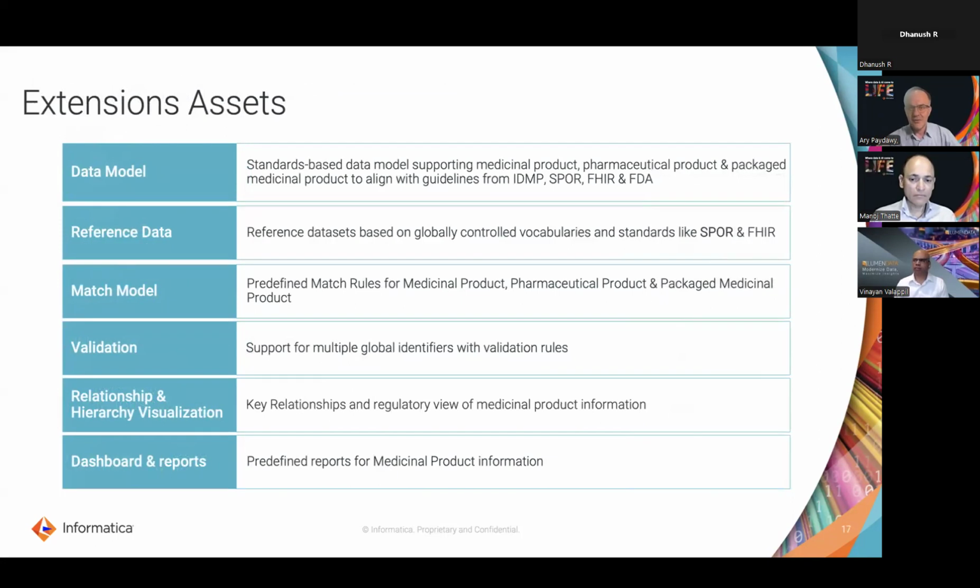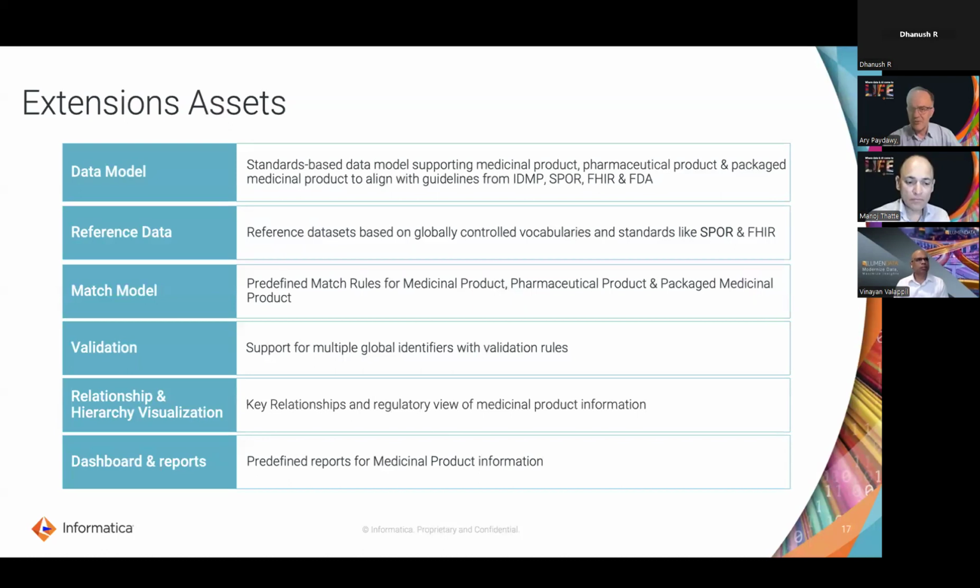So within our package solution, here's what it comes with. I start with the data model. The data model comes with what is called medicinal products. There is the pharmaceutical product. There is what is called packaging products. All the relationships that are needed. There is a list of information around the SPOR reference data, which is called the reference data within our solution.